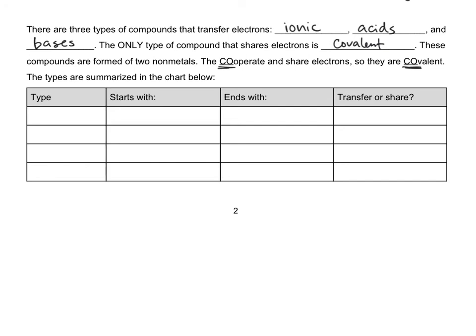So the first type is ionic compounds. Now, ionic compounds start with, and when I say starts with, I mean the compound, which might look like this, sodium chloride. The first thing in it is what it starts with. So this one would start with sodium. Ionic compounds are going to start with a metal or a polyatomic. I'm just going to put poly so I can fit everything in there.